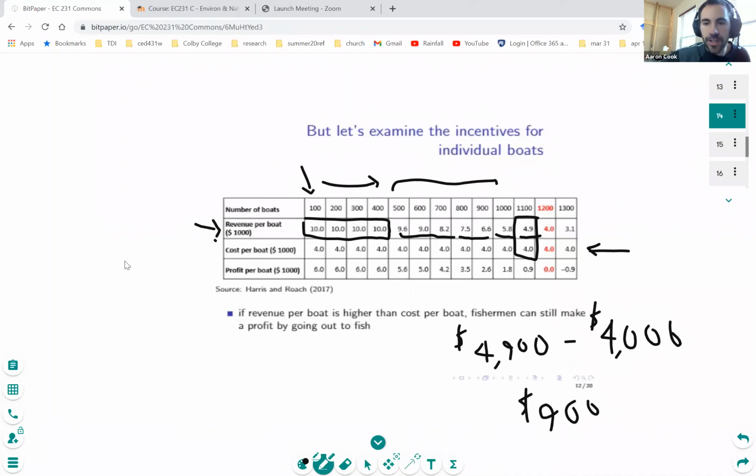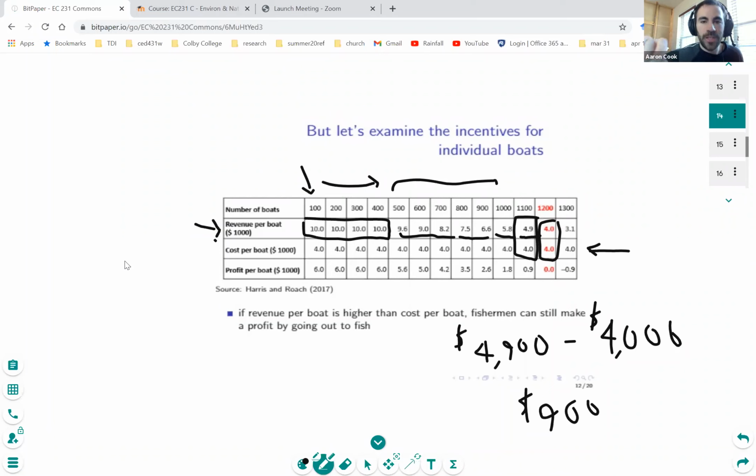But it's not until you get to 1200 boats that the profit actually disappears. So it's at 1200 boats where the revenue per boat just falls enough to meet the cost per boat, and that's where profit is zero.